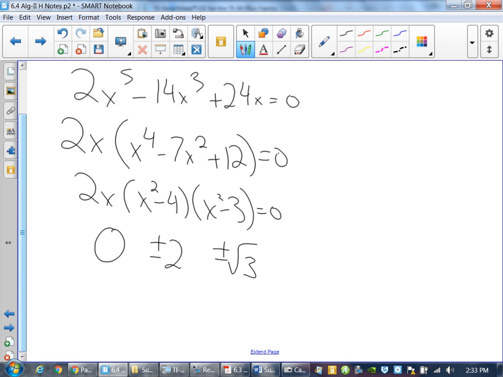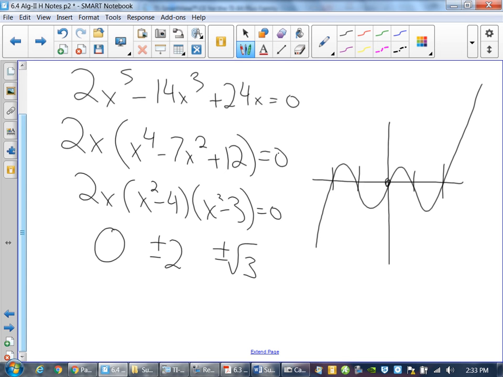If I wanted to rough sketch this, -2, negative root 3, 0, root 3, and 2. Tails are going down, up, so it's going to go through, change, through, change, through, change. That's it.